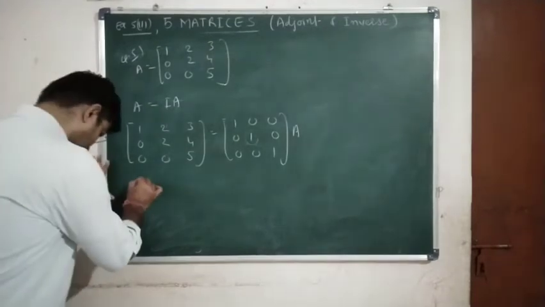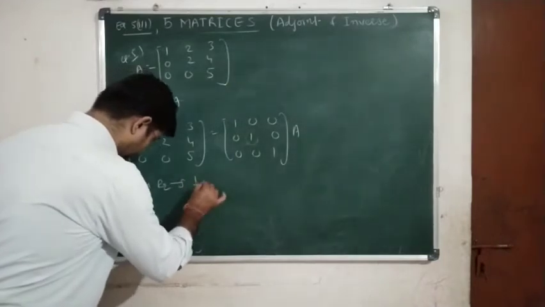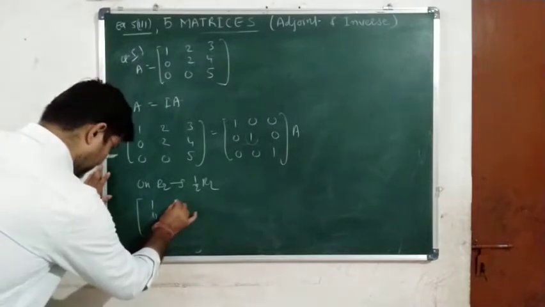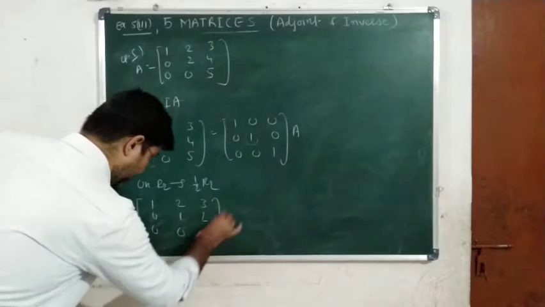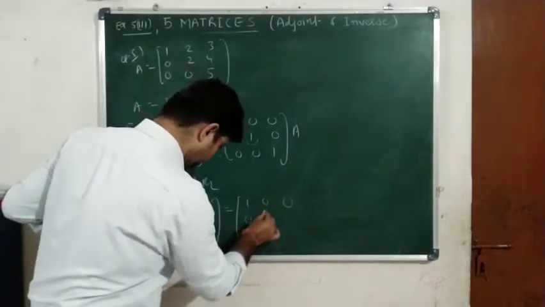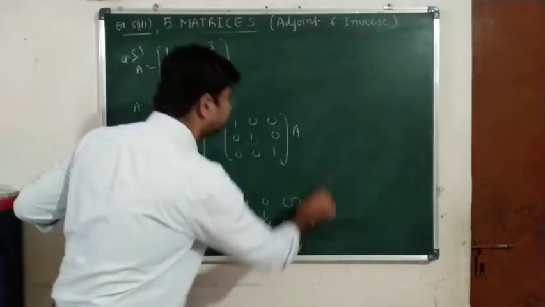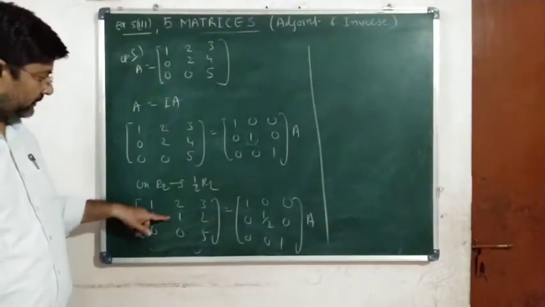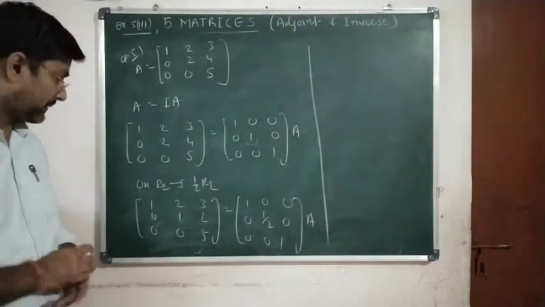So on R2, 1 by 2 into R2, we get 1 0 0, 0 1 0, 3 2 5 is equal to 1 0 0, 0 1 by 2 0, 0 0 1. Okay, and the 1 is already there, so now here you need to bring 0.